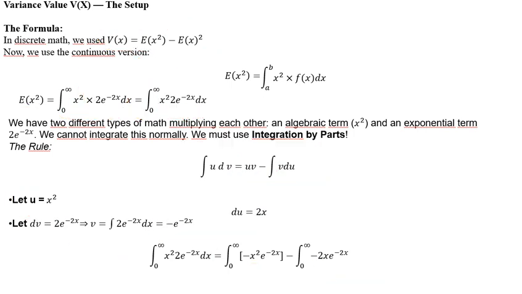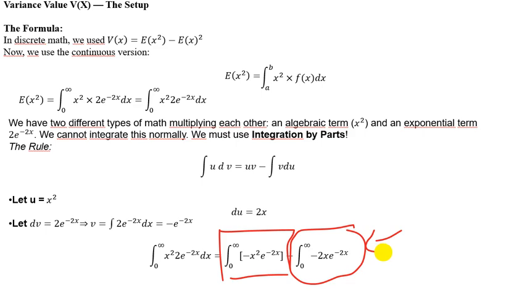So this part is already the antiderivative, but here we need to find the integral. So again we have a problem of two different types of function. We have minus 2x, or x times minus e^(-2x). So we need to apply the integration by parts again here.